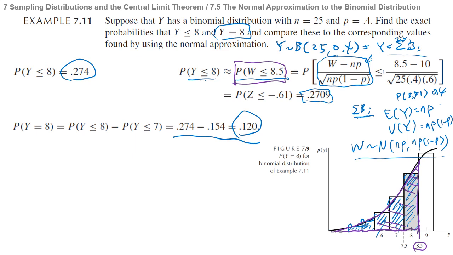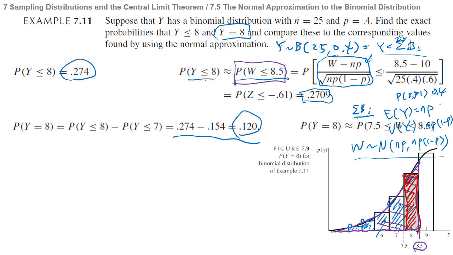And this probability is actually this rectangle area, which can be approximated by integrating W from 7.5 to 8.5.